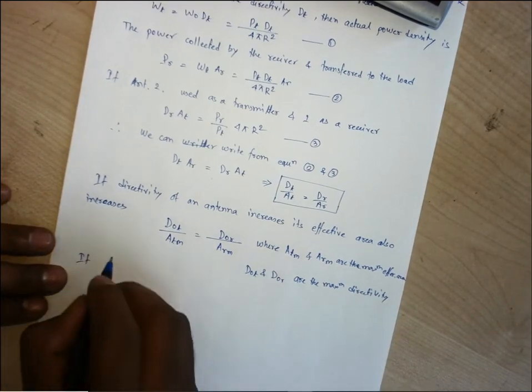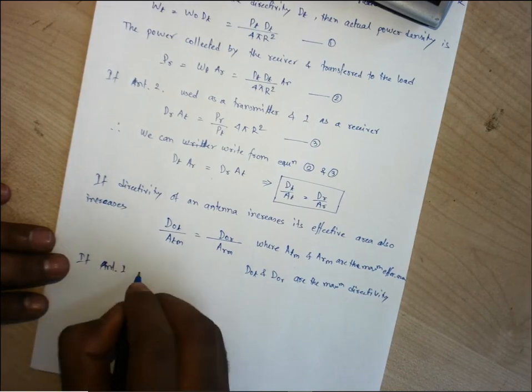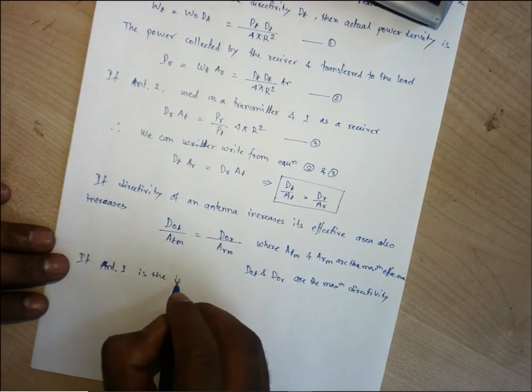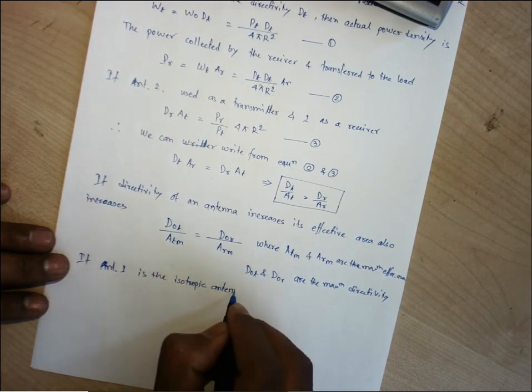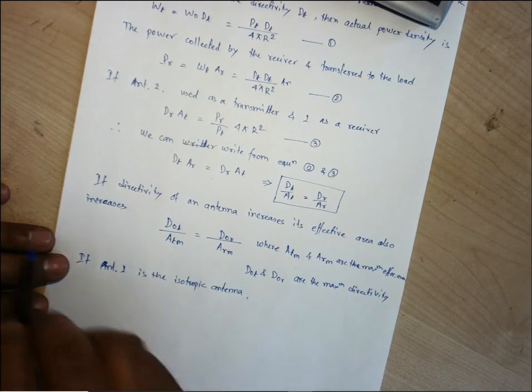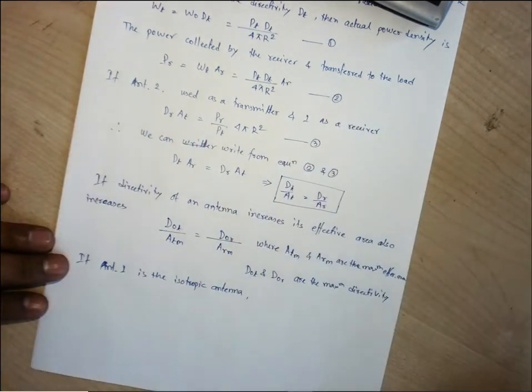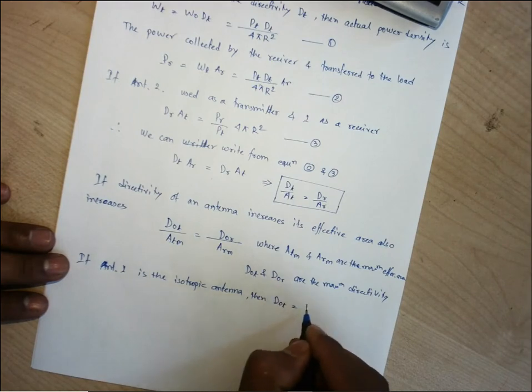If antenna 1 is the isotropic antenna, then what we can say, this transmitter antenna has a directivity of 1 because it is radiating in every direction. Then DOT is equal to 1.